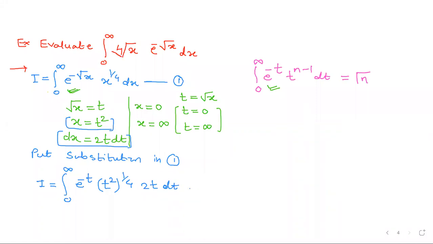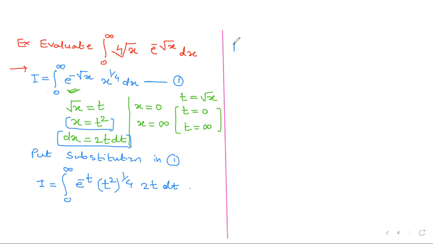Then just simplify. Take constant term outside always, and then simplify the terms of t. So integral is 2 outside, 0 to infinity, e raised to minus t is only one term. As it is, t square and is raised to 1/4, total t raised to 1/2.